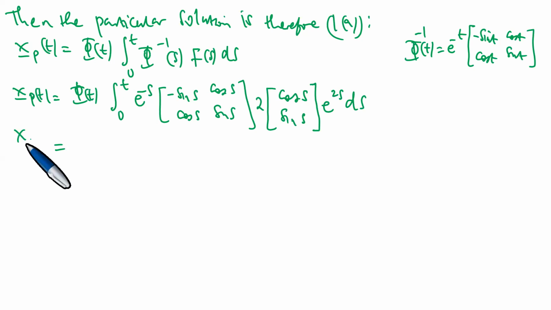Okay, so you have that. Okay, let me remove this one. Okay, and then you put 2 here. Okay, the 2, 5t, the integral from 0 to t. Okay, e to the minus s and e to the 2s, and e to the minus becomes just e to the power s.